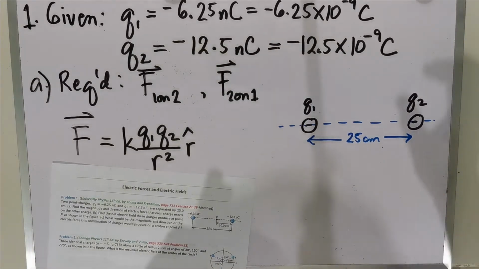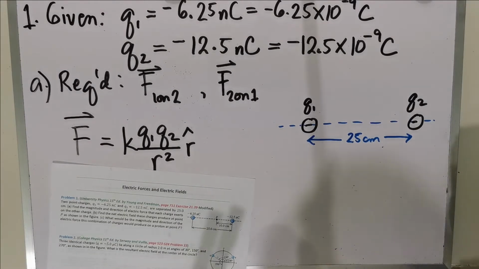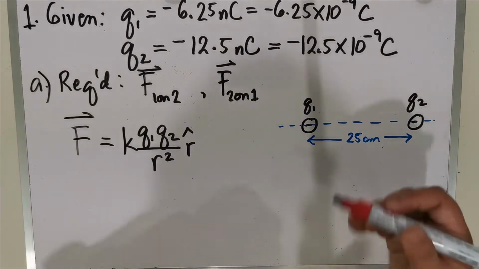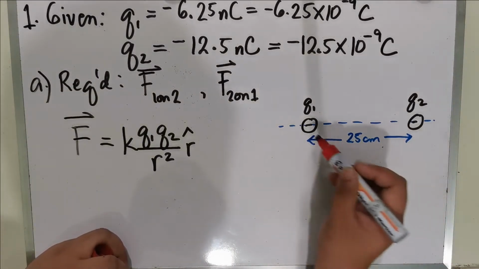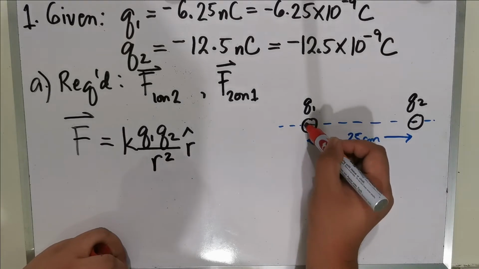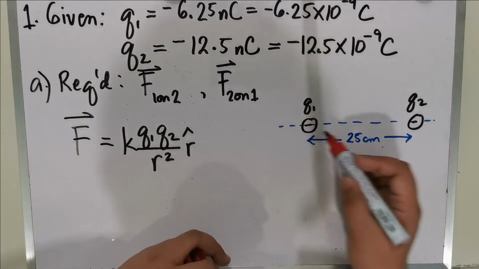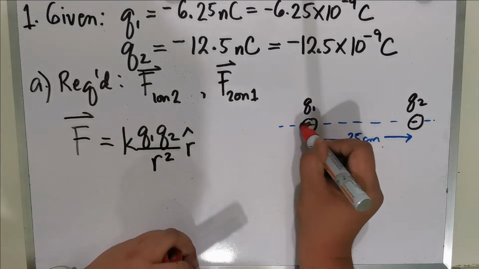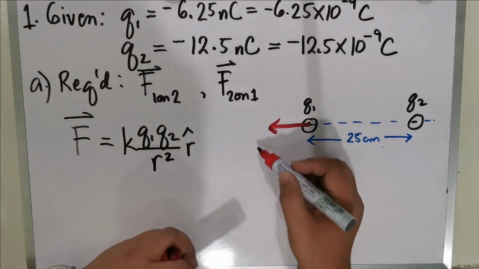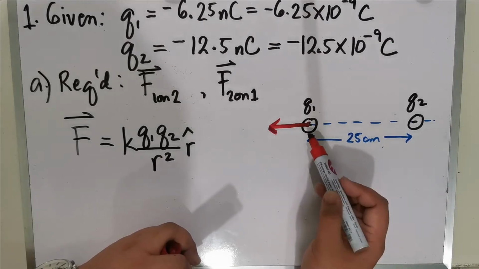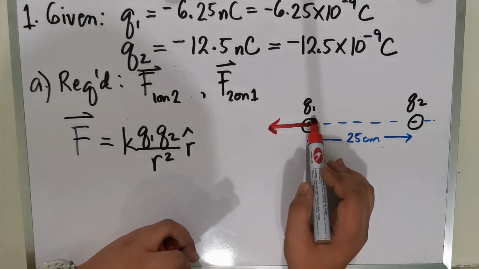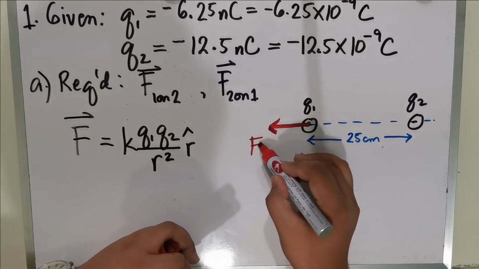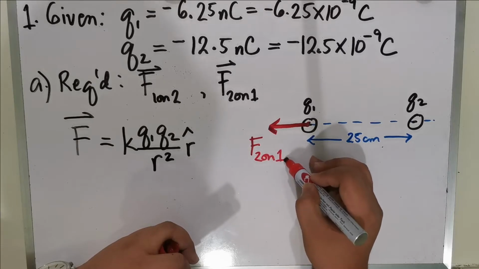If we draw the direction of the forces acting on Q1 and on Q2, the force given by Q2 on Q1 would be in this direction, since the two charges repel. Since the charge experiencing this force is Q1, and the one exerting it is Q2, we name this F2 on 1.